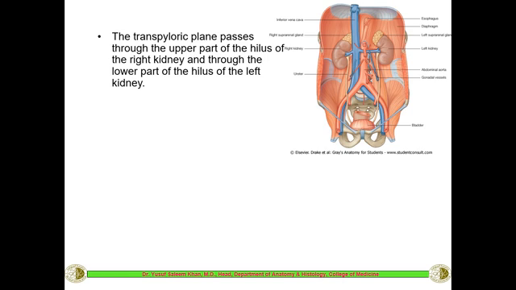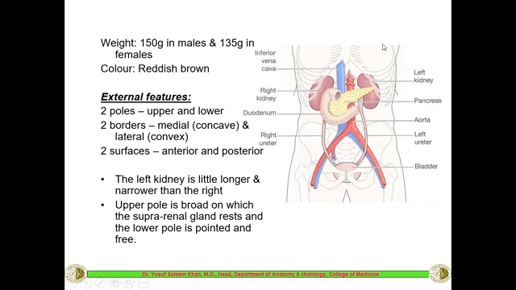If you put a line horizontally, there is a plane called the transpyloric plane. It is called transpyloric because it passes through the pylorus of the stomach. Okay, so here will be the stomach which will be sitting there.